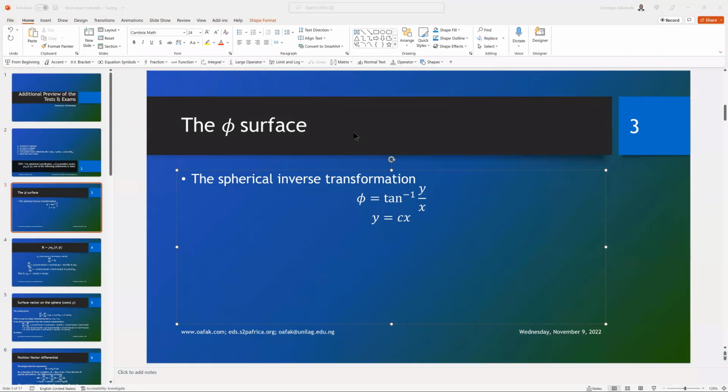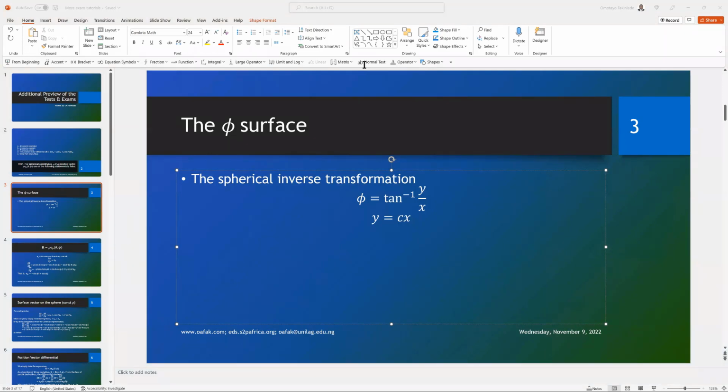Okay, somebody said that is a line. It's not just a line. It's a line that passes through where? It passes through the origin.